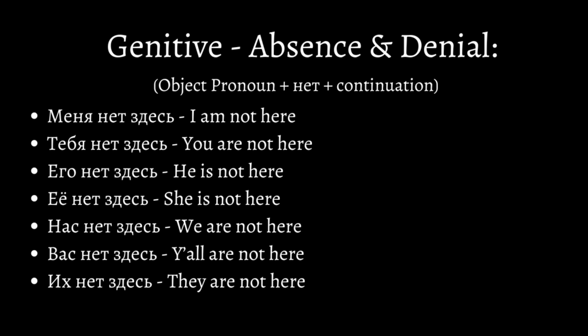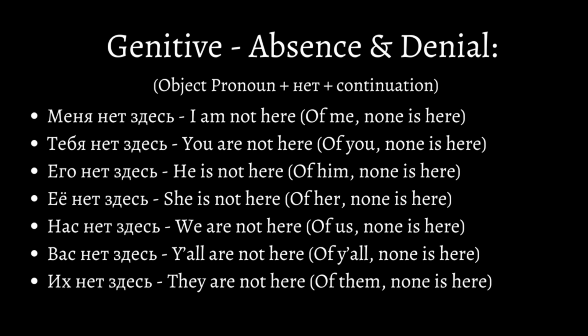These sentences don't necessarily mean I am not here, you are not here, he's not here. Their true meaning is something like of me, none is here, of you, none is here, of him, none is here, and so on.